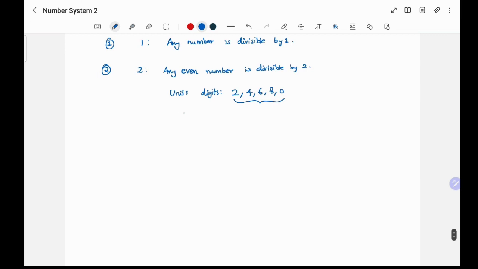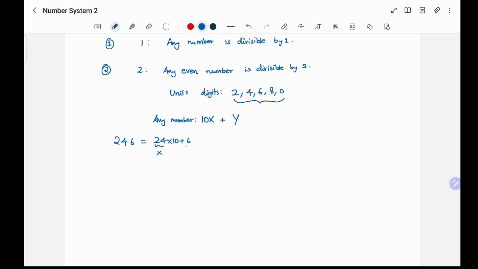Why is that the case? If you take any number, let the unit digit be y, and the tens digit and the remaining digits be x. For example, I'll take 246. This can be written as 24 into 10 plus 6.